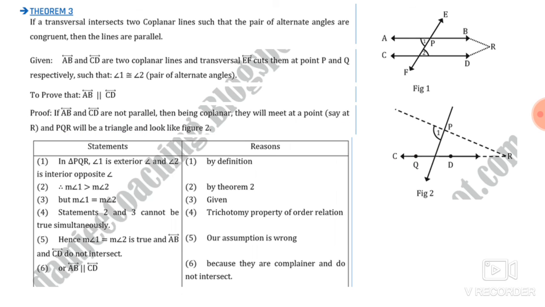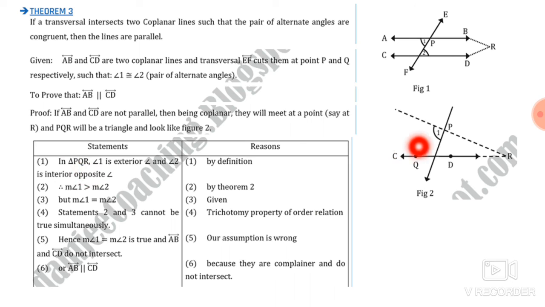Now we have to prove. We are considering the triangle. In triangle PQR, angle number 1 is the exterior angle of a triangle. We have learned what an exterior angle of a triangle is. When we extend any side of a triangle, the angle formed between the extended side and the side of the triangle is called the exterior angle.